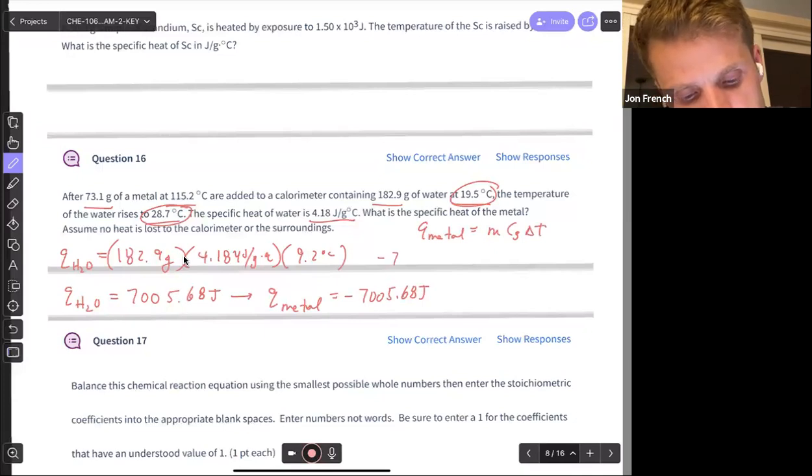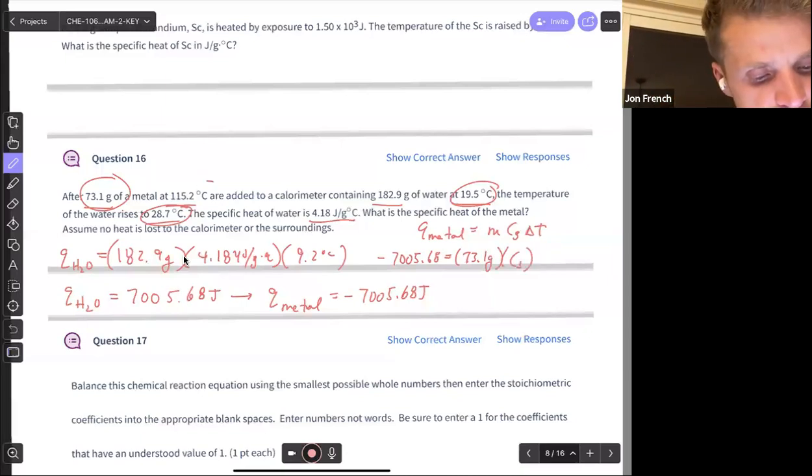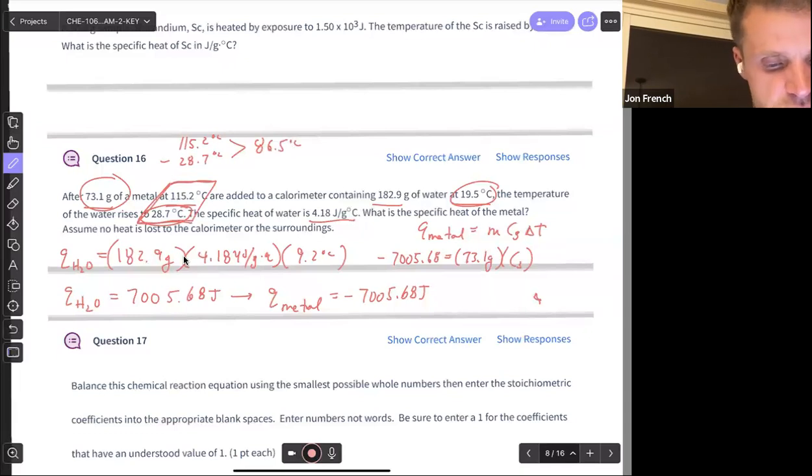We know the energy, negative 7,500. We know the mass of the metal is 73.1 grams. We don't know the specific heat. We're looking for that. And we can find the temperature change, right? The temperature change right here would be 115.2 degrees minus 28.7 degrees. So 115.2 minus 28.7, 86.5 degrees Celsius.